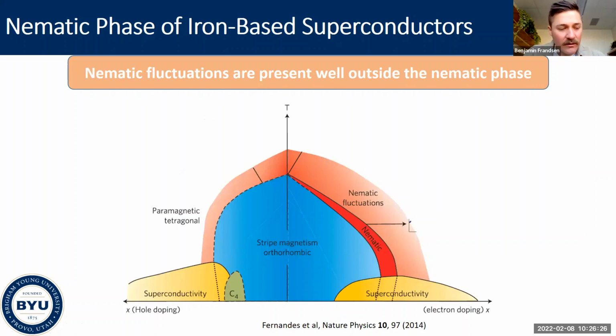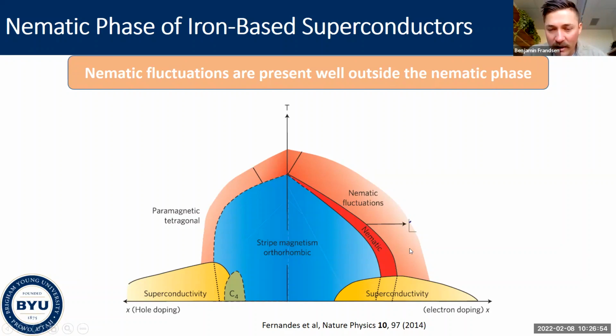Moreover, it was initially hypothesized and then demonstrated experimentally that there are nematic fluctuations present well outside of the static nematic phase. If we look at these red shaded regions, this is a schematic of where we might expect significant nematic fluctuations. So perhaps dynamically fluctuating regions of nematic order, short range nematic order in our material.